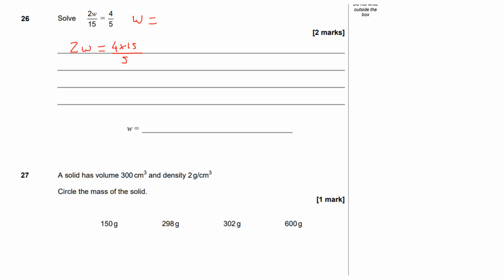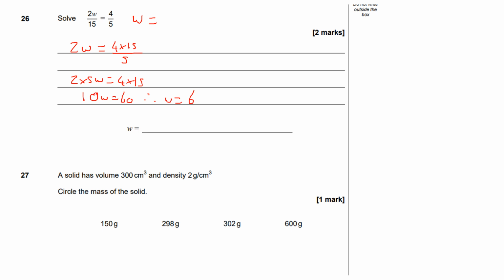Then I'm going to times everything by 5. So that's 2 times 5w equals 4 times 15. That means 10w equals 60. Therefore, w equals 6.